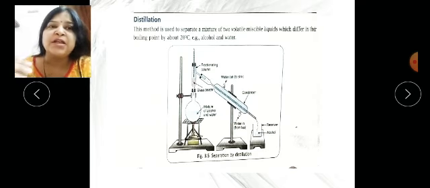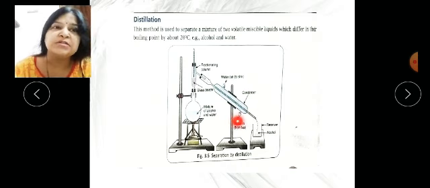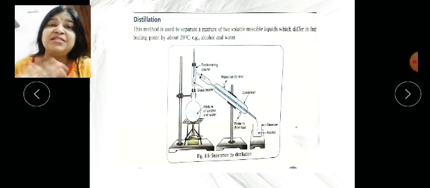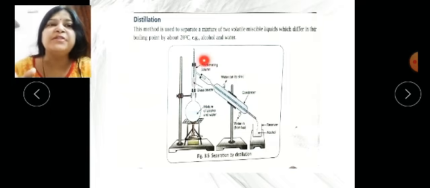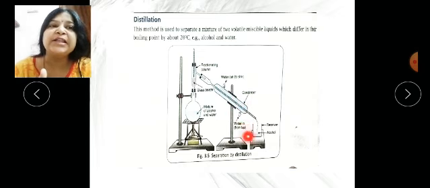Otherwise it will get the heat, the surface will become warm, and condensation will not be carried out. So we supply a jet of water so that the vapor coming from this retort cools down after striking the cooler surface and converts back into liquid alcohol.